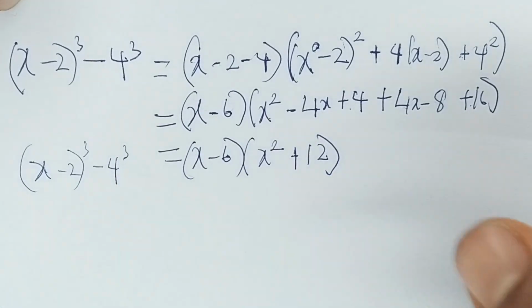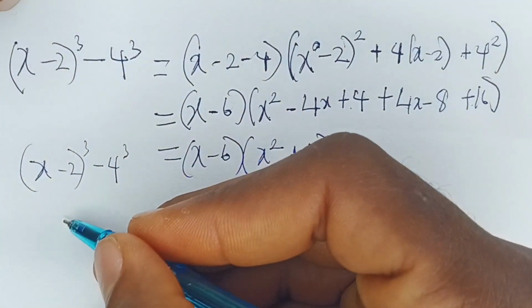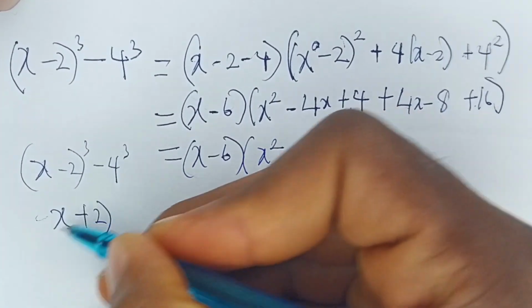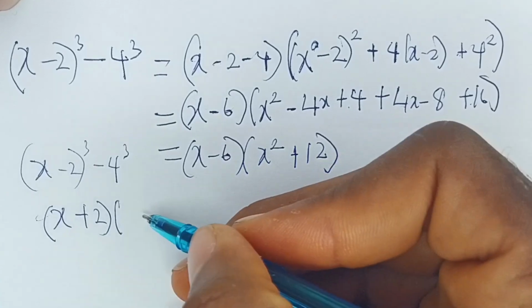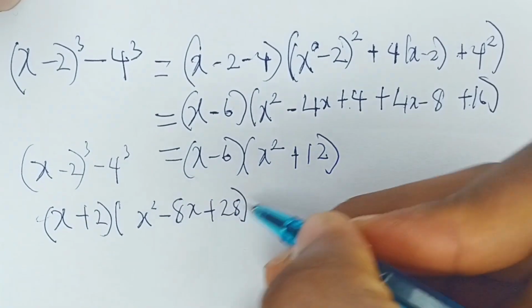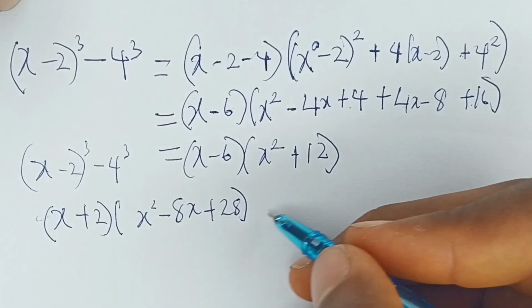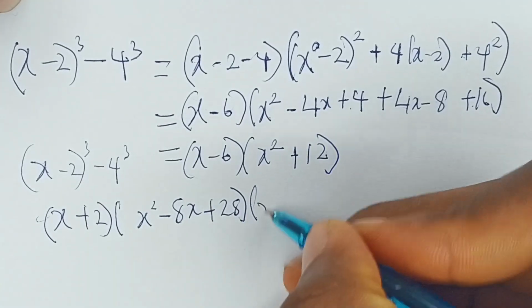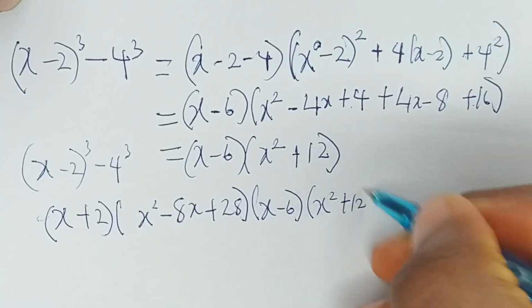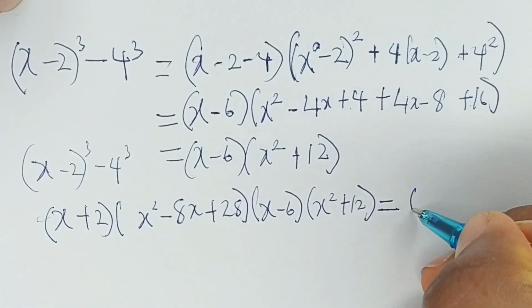Hence, we bring back our (x − 2)^3 + 4^3, and that's equal to (x + 2) into (x^2 − 8x + 28), multiplied by (x − 6) into (x^2 + 12), is equal to 0.